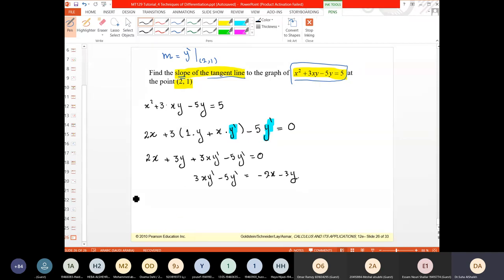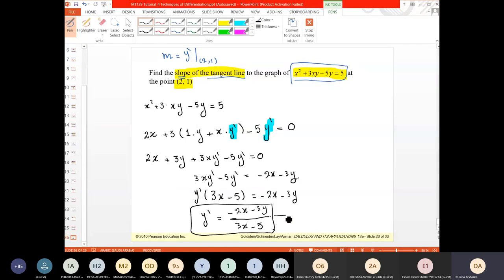You can see what I did: the terms with y dash I left on the left, and the ones without y dash I moved to the right. Now I take y dash as a common factor. We remain with 3x minus 5 equal to minus 2x minus 3y. So y dash is equal to minus 2x minus 3y divided by 3x minus 5. I get the y dash, done.